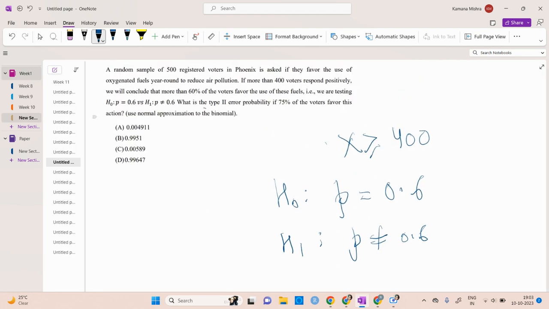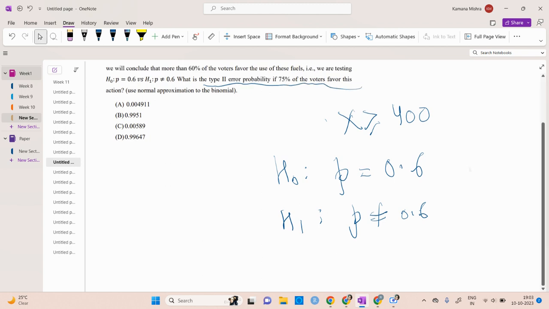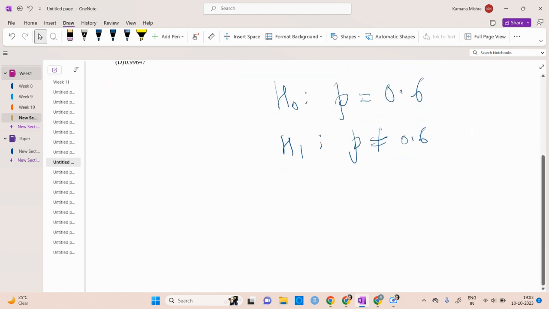So till now we are saying we will conclude 60%, and otherwise not 60. In the type 2 error, what I have told you earlier, we always take the probability which is in H1.